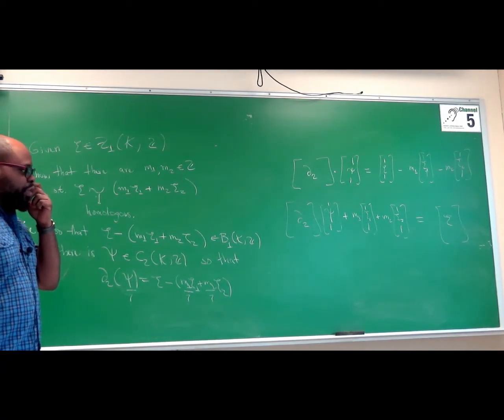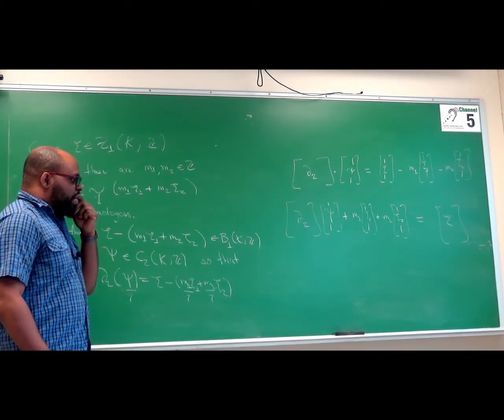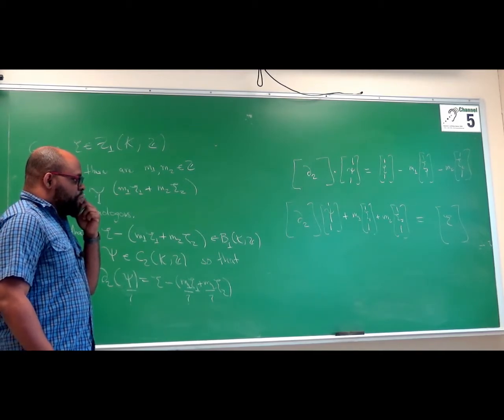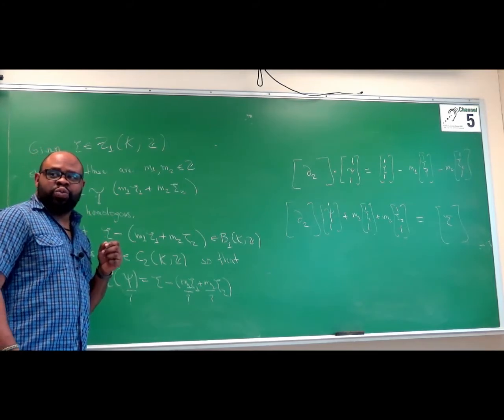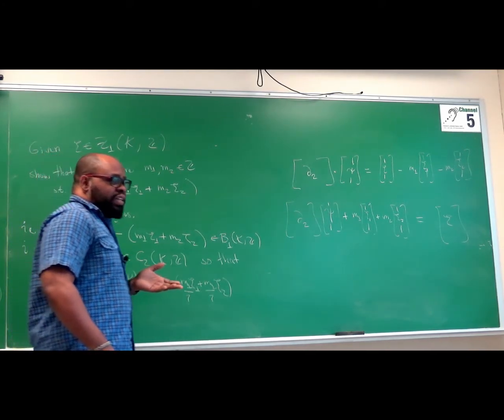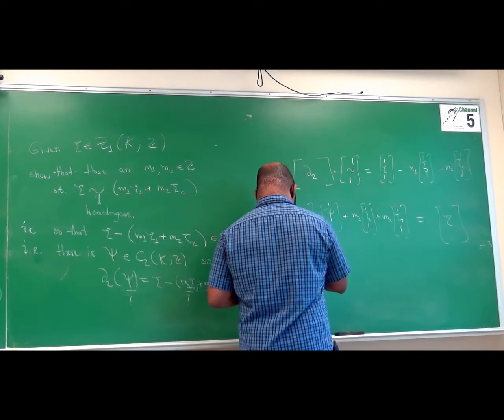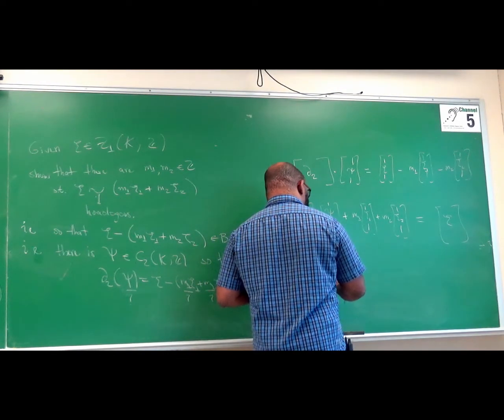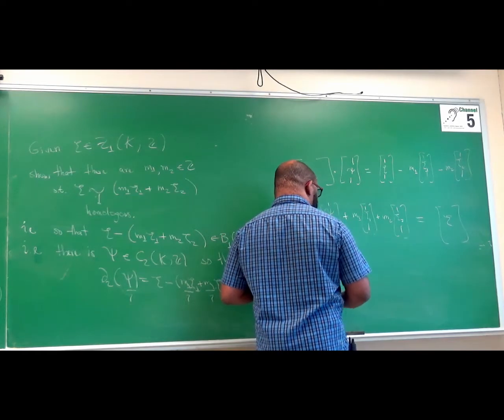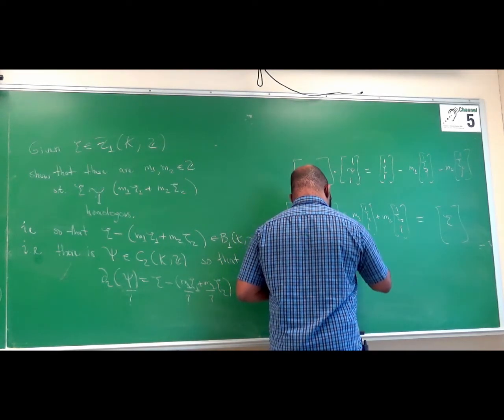Now, if you use your matrix multiplication wisdom, you will see that this is exactly the same as the following. Take the matrix of delta 2 and augment it by putting zeta 1 here and zeta 2 here.